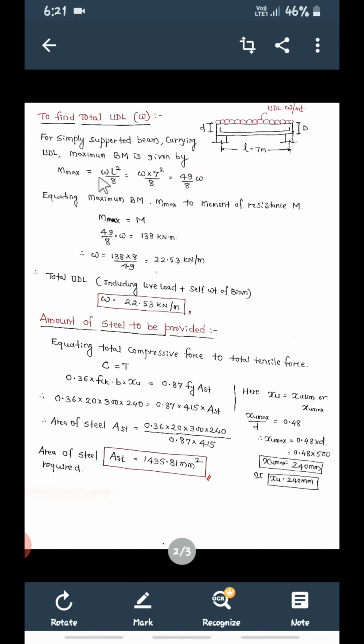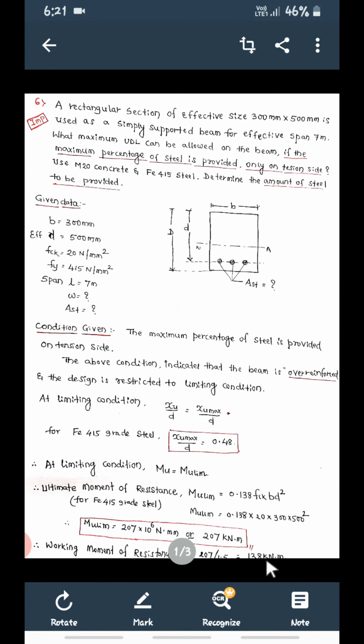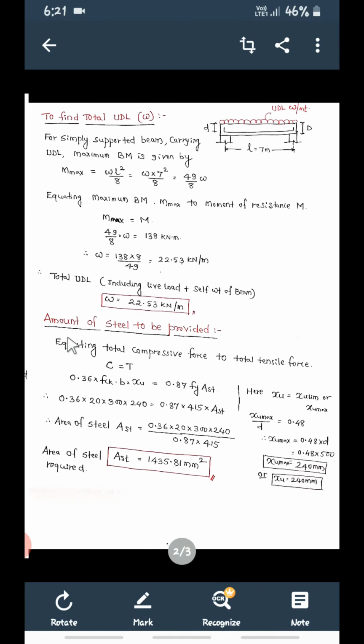So this moment of resistance will be equated to this maximum bending moment. Equating the maximum bending moment to the moment of resistance M, M max is equal to moment of resistance M. So M max, 49 divided by 8 into W, is equal to the working moment of resistance, 138 kilonewton meter.